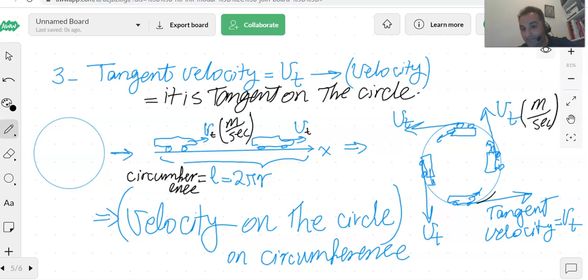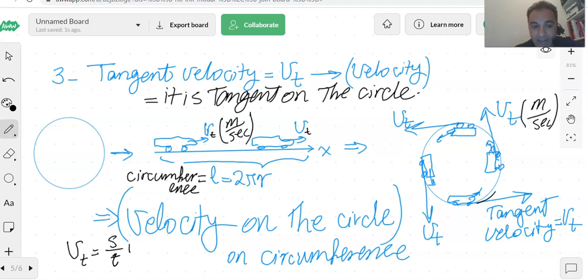Why? Because velocity is distance divided by time. What is the distance here? It's the length of arc. So we can say Vt is S divided by what? By time.